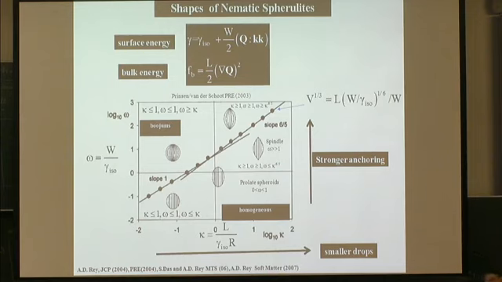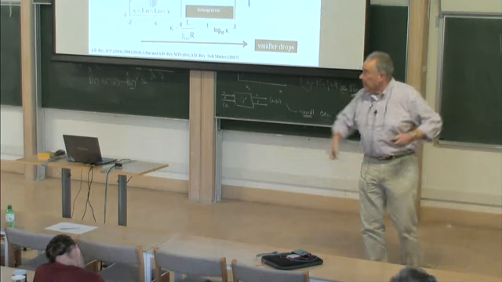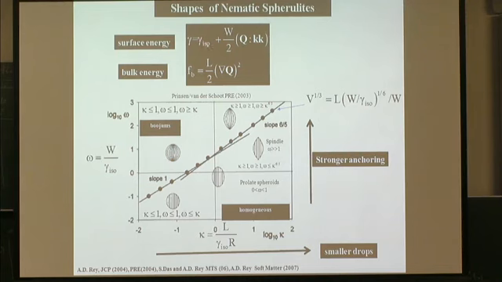And this is the simplest one-constant approximation of Frank. So with these three parameters, the isotropic tension, the anchoring, and the Frank elasticity, you can construct this phase diagram that captures a lot of the physics observed and predicted by other means of nematic drops.